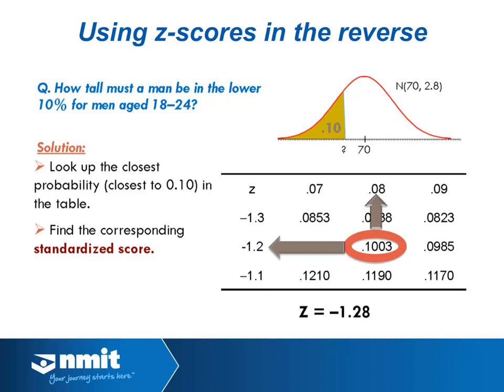And we can do this because this value of Z that we've taken from the table that corresponds to the area under the curve of 0.1 is a standardized height. It's a height that's been standardized by subtracting the mean and dividing by the standard deviation.